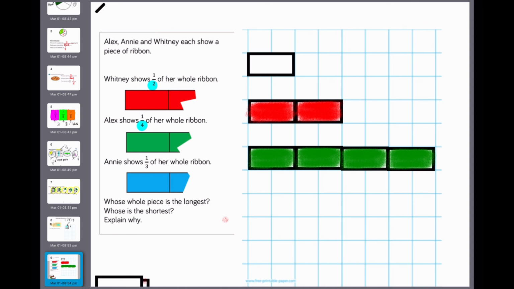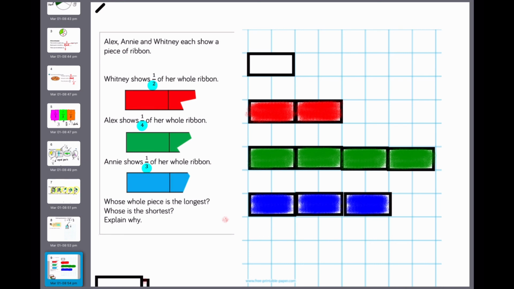Annie shows 1/3 of her whole ribbon. If I need thirds and I've already got 1/3, how many more thirds do I need? 2. Well done, because 1 plus 2 is 3.